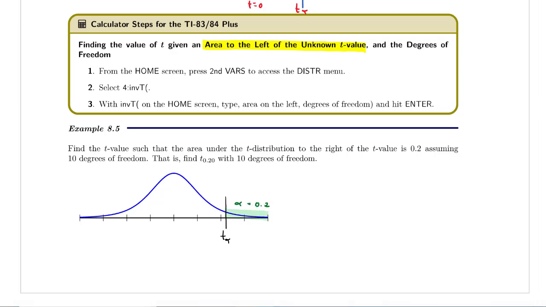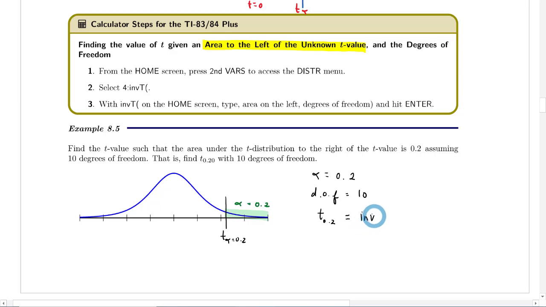We know alpha is 0.2, and we're assuming that degrees of freedom is 10. So t sub 0.2 is equal to, and that's what we can put in the calculator.